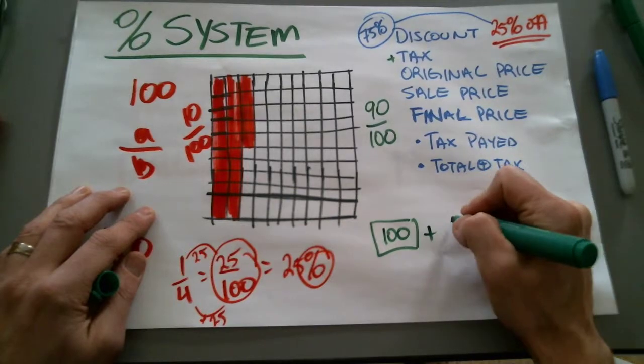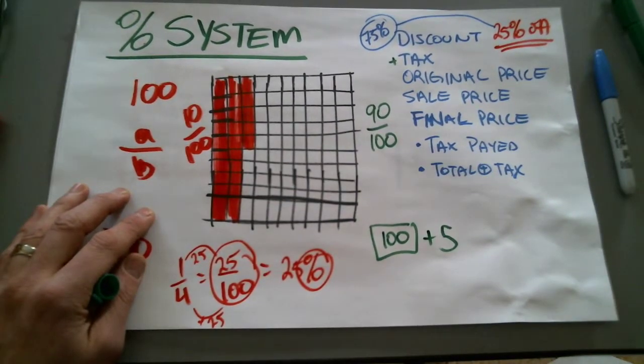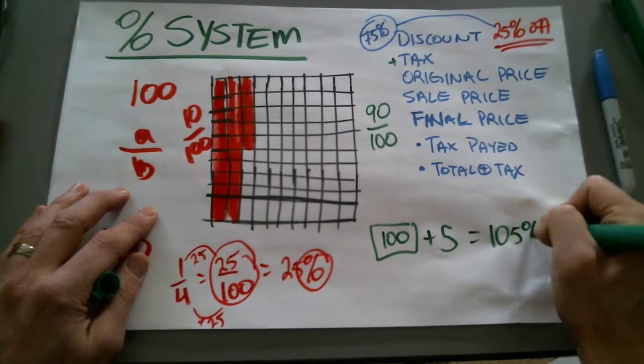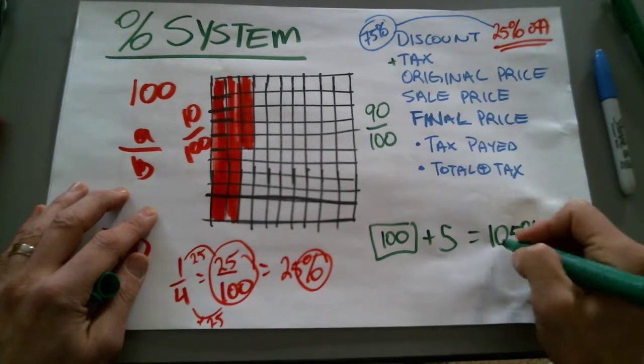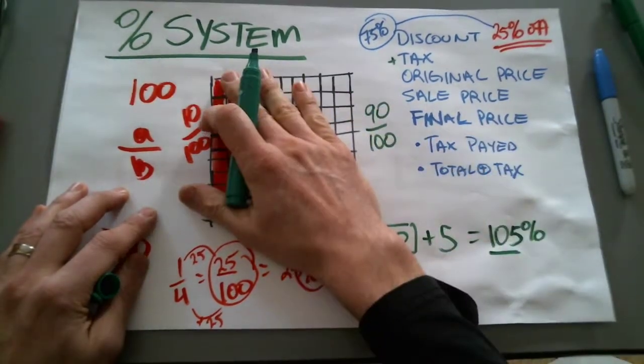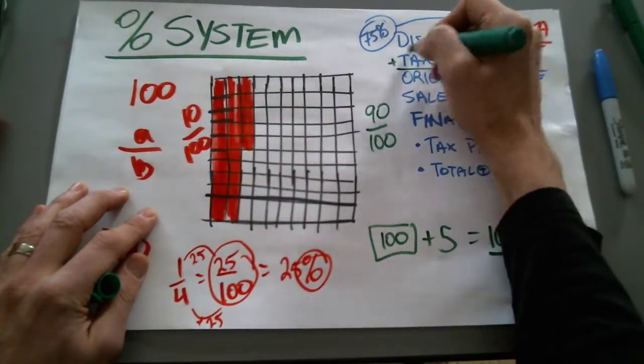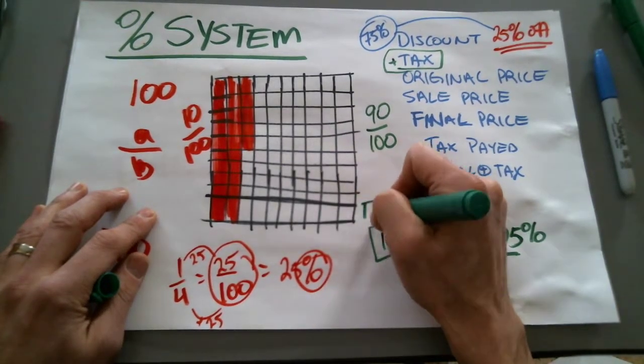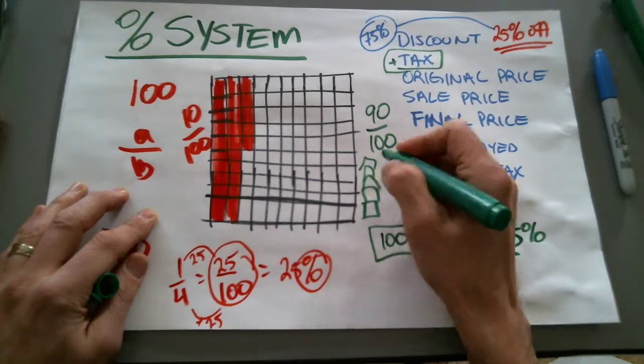If I have to add 5% to the total, well, what's the total percent I'm going to have? I'm going to end up having 105%. Because I'm paying 100% of the cost, then we're adding more tax on. Right? So this would be 105.